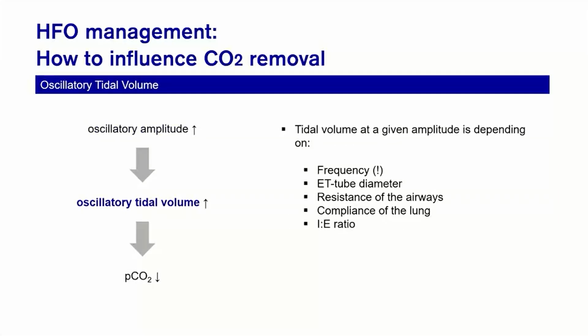The oscillatory amplitude is causing an oscillatory tidal volume. And the tidal volume surely is again influenced by certain factors. I mentioned already the frequency and the I:E ratio, but the main parameter of oscillatory tidal volume is surely the ET tube diameter, because in high frequency oscillation the tidal volume is not so much dependent on the compliance of the lung, but it's very sensitive to the resistance of the airways and the ET tube.